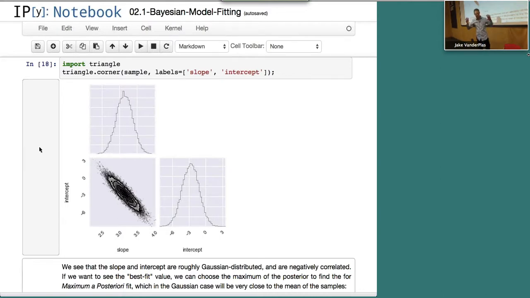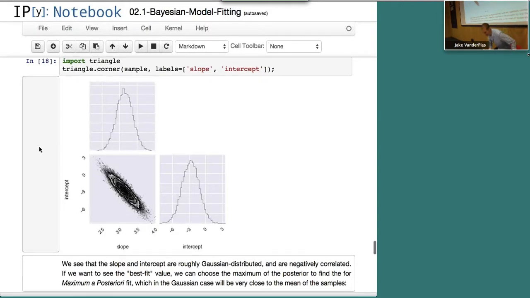So once you have that sample, you can see what the posterior distribution looks like. In this case, the maximum of the posterior is right there in the center. And by integrating these, basically by taking the mean of all the points, we can get an estimate of the line.